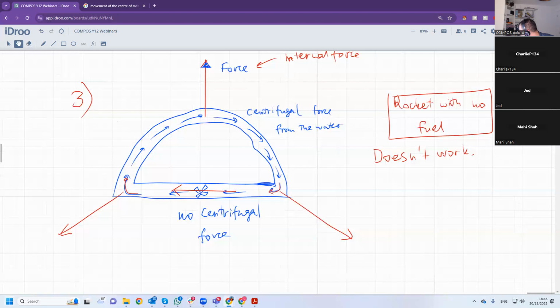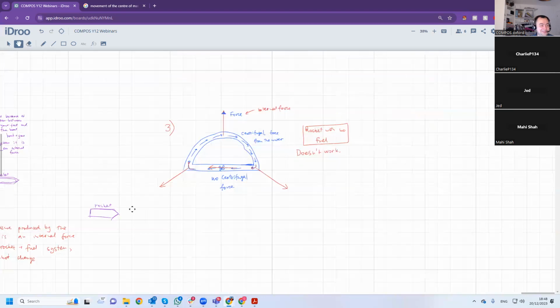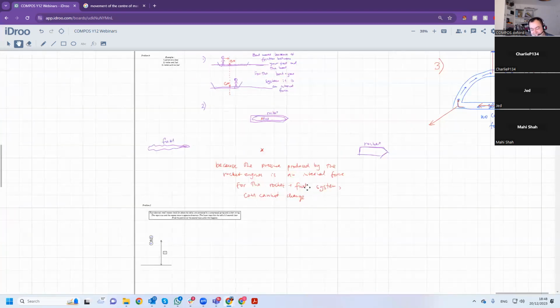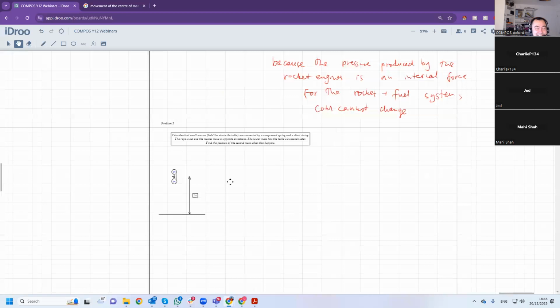No matter what you do, don't use the word centrifugal in school. You can ask your physics teacher why you shouldn't. I'm sure you will hear some excellent answers, and I will agree with every single one of them. Yeah, centrifugal force is just too complicated. That's why it is covered in second year of university typically, and of course at COMPOS.